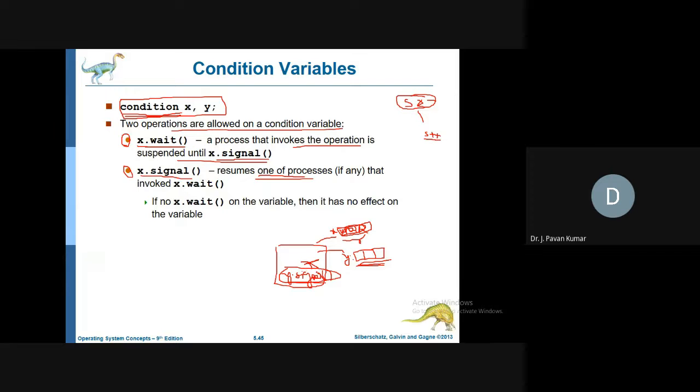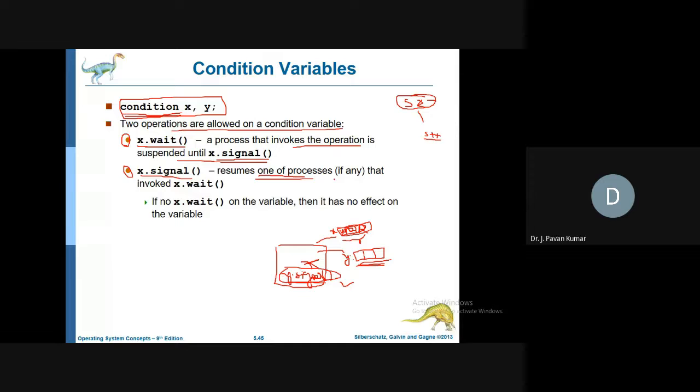That's the difference between the signal operation in a semaphore and the signal operation in a monitor. Whenever signal operation is given, if any process is waiting in the queue, one of the processes will be resumed. Suppose no process is waiting, then simply this signal call will be ignored. Understand this point? Like x dot signal resumes one of the processes, if any.